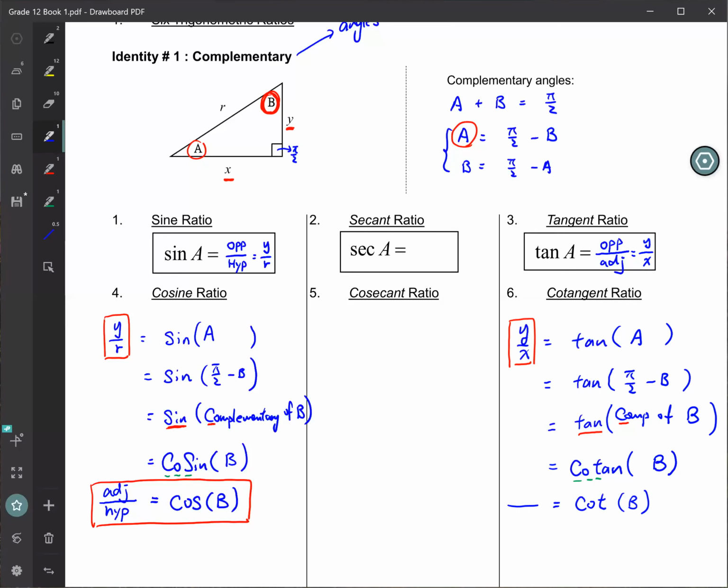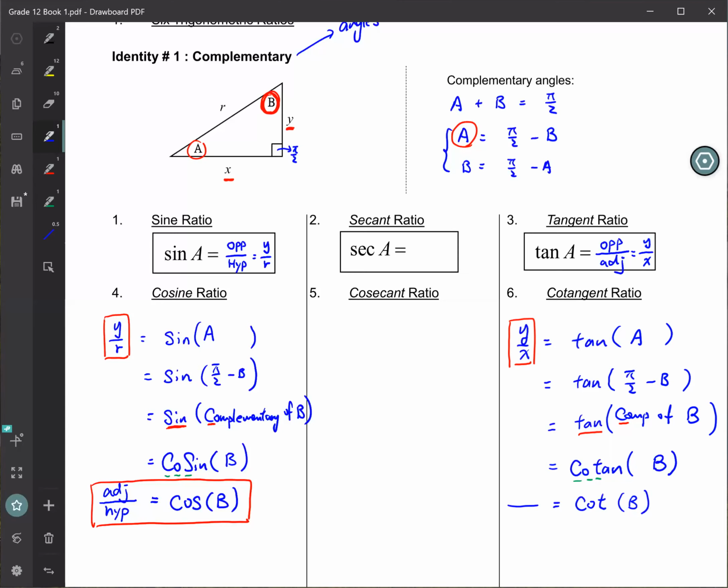If I look from angle B, look at the picture on the top. I want to do y over x. What's the name of the side? Is it opposite, adjacent, hypotenuse? What is y over x?